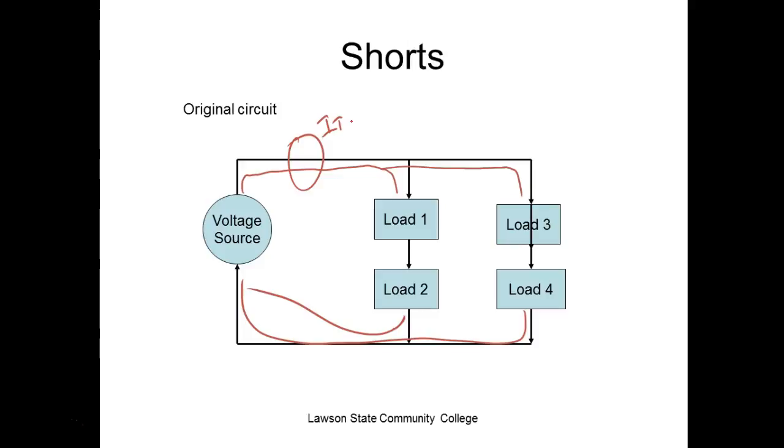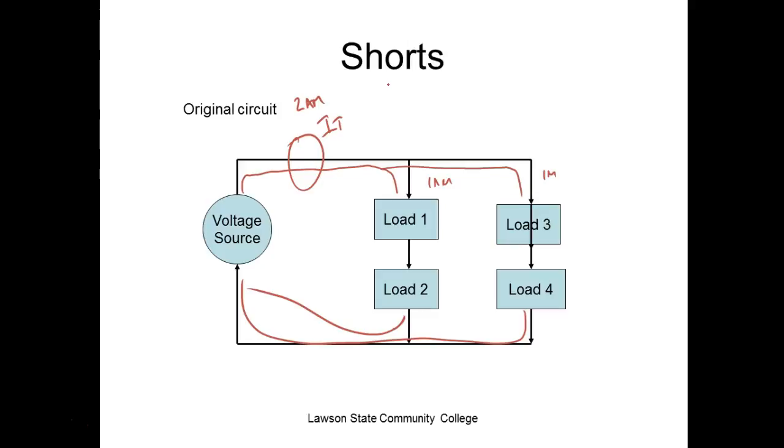That means your voltage source has to provide all the current for all the loads on your system, right? So this might be 1 amp, and without the short, this might be 1 amp. So if it was 1 amp each, then my IT would be 2 amps, right? They just add together.